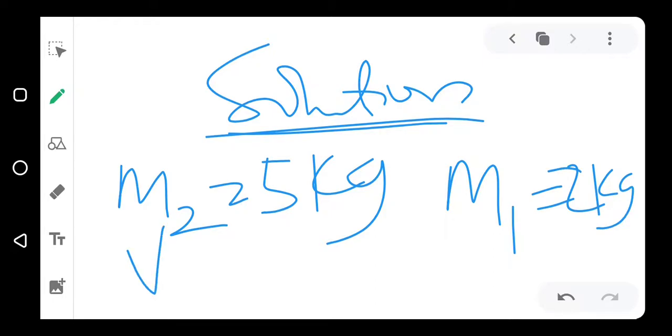Now the volume of liquid used is 0.5 meter cube.